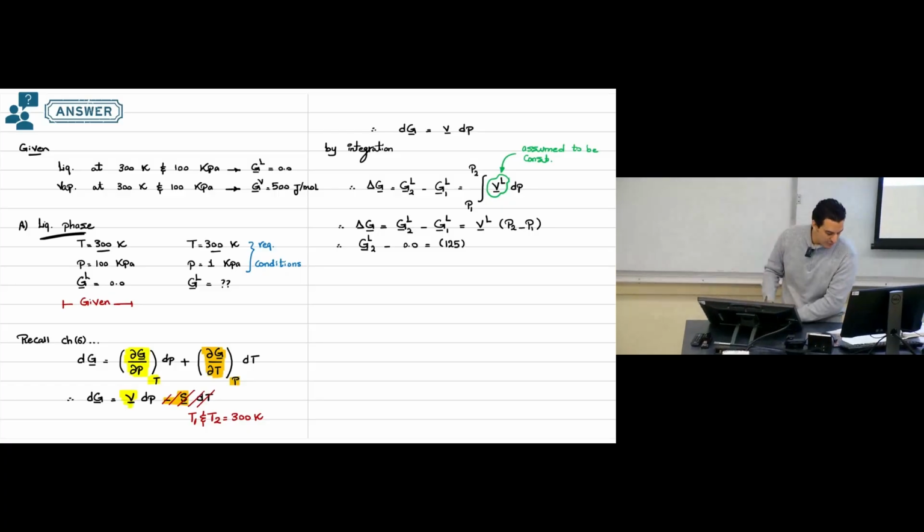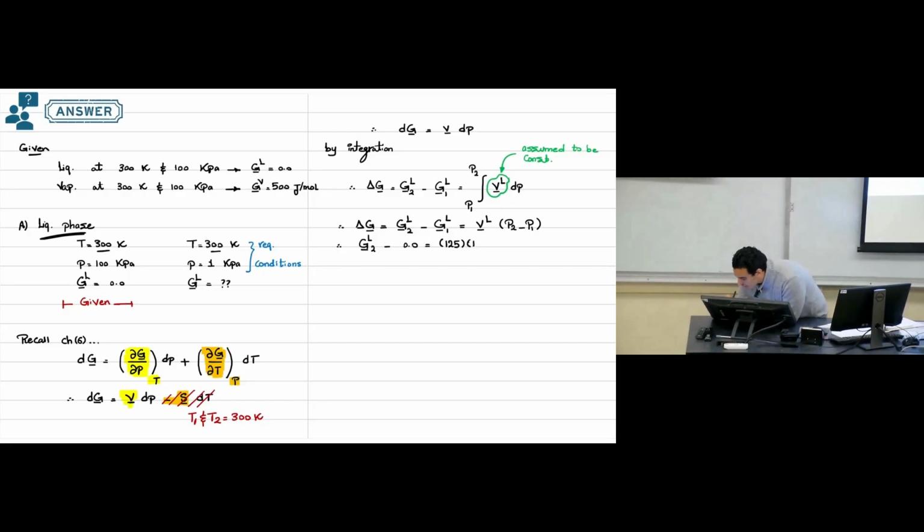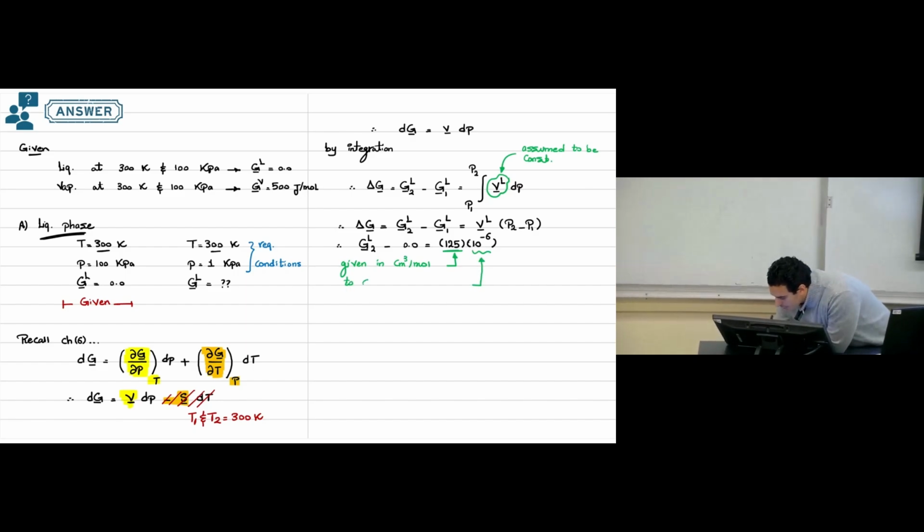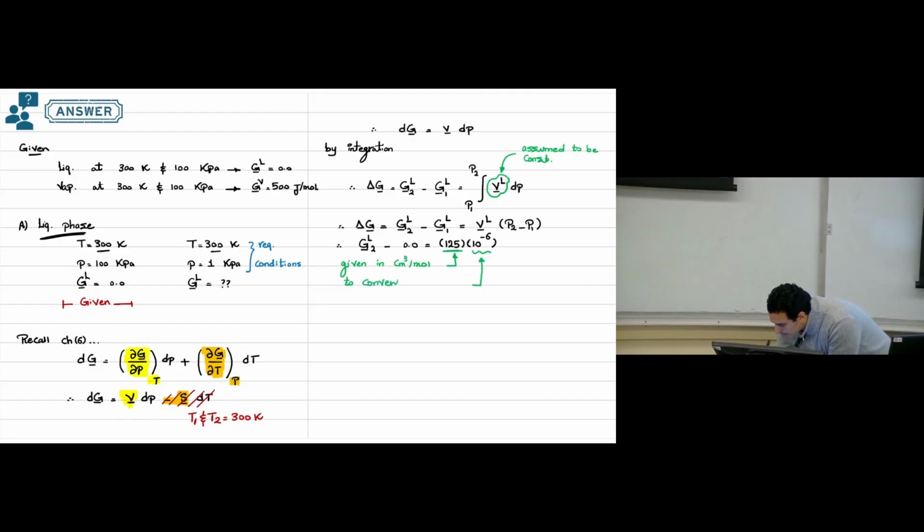So I need to convert everything to the SI system, so this will be times 10 to the power negative 6. This one is given in centimeter cubed per mole, and I use this to convert to meter cube per mole.